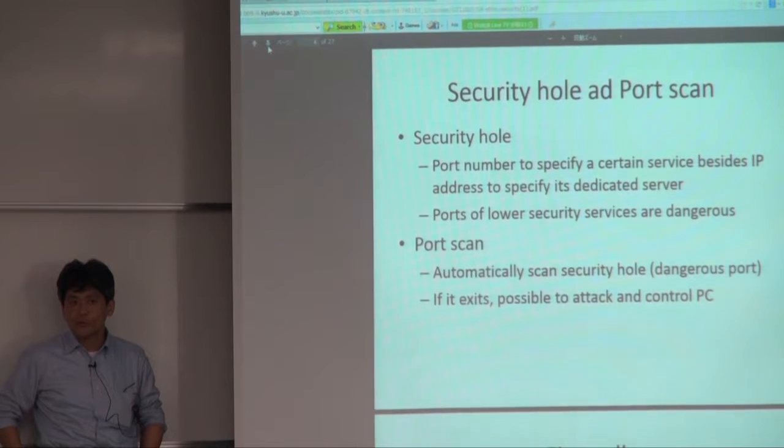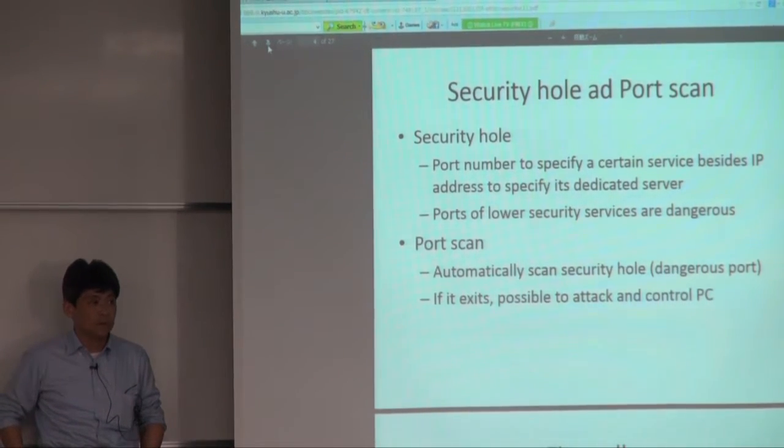Of course, to obtain any service from such a server, you have to specify the IP address of the server machine. Besides specifying the IP address, you also have to specify the port number, because the port number is a unique number dedicated to the corresponding service.